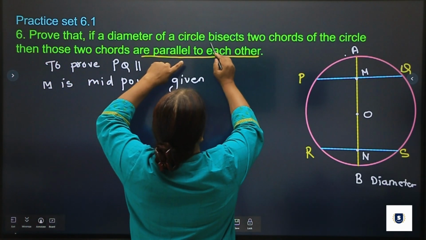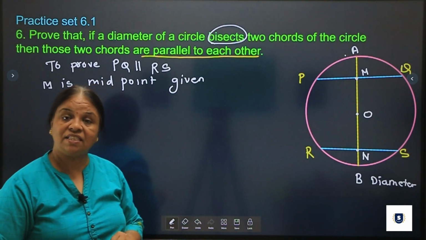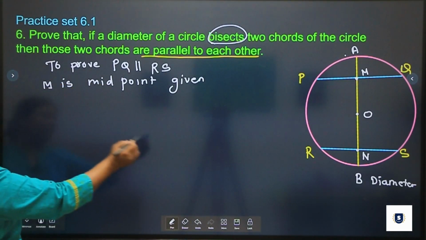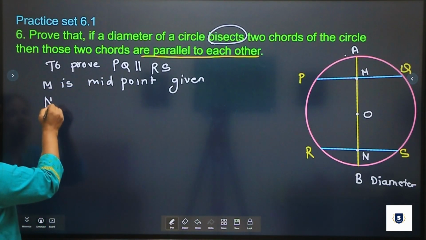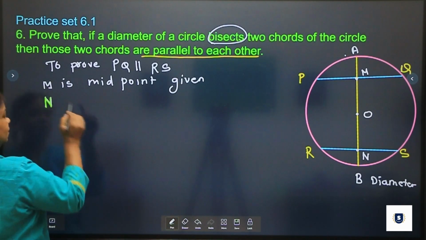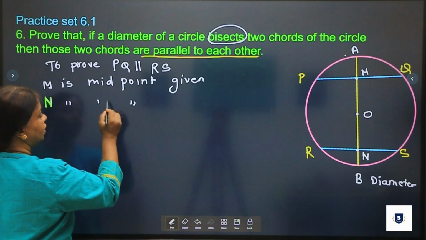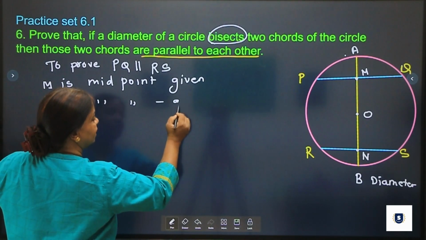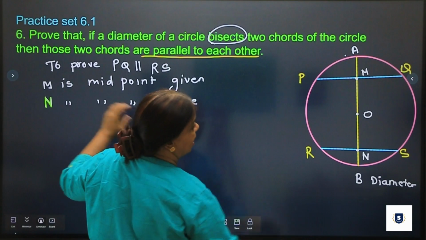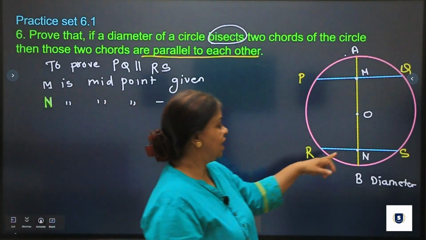See here, if the diameter bisects the chord, M will be the midpoint. Similarly, N is the midpoint. Reason: given. Why? Because AB is the diameter and AB bisects the chord. Okay. So if M is the midpoint, N is the midpoint.